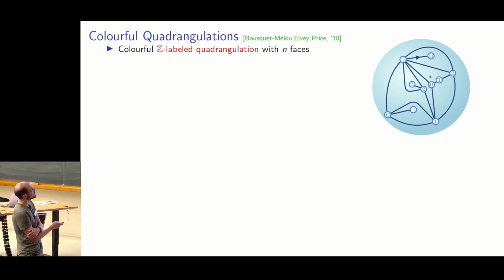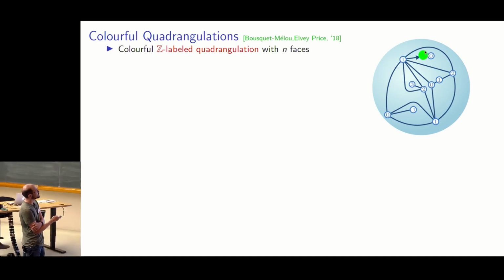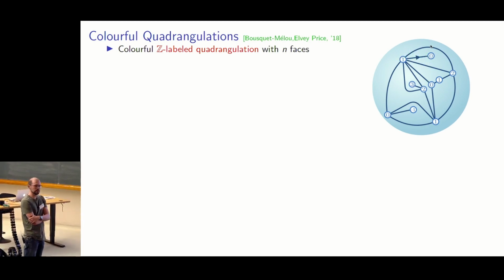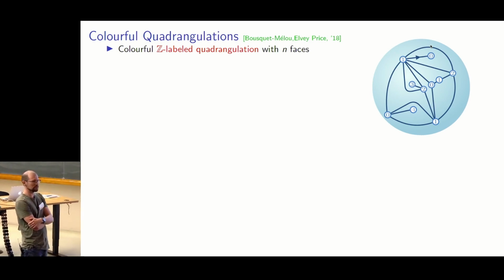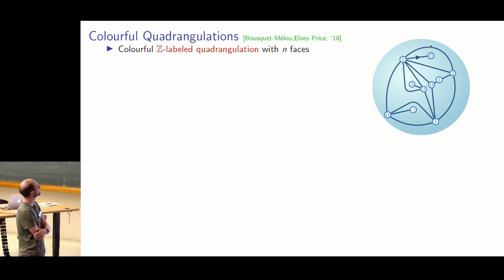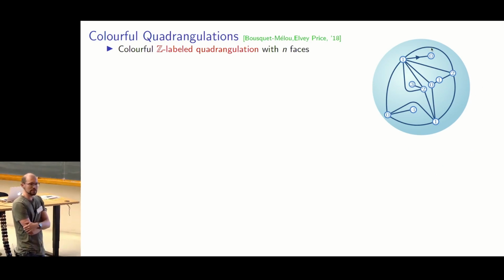Then there is an additional constraint that my root edge points from label 1 to label 0. Otherwise, we could just shift all labels by an arbitrary integer, and we would have too big a family. But with this constraint, you can convince yourself that there are only finitely many proper integer labelings of a given map.